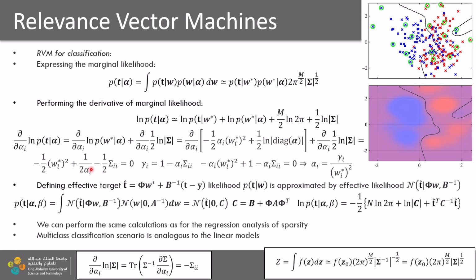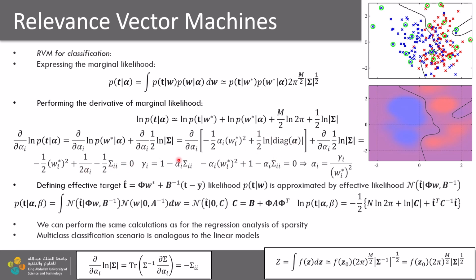So after we perform this complex chain derivative, we will end up with 1 divided by alpha I as a result of this derivative, with the 1/2 in the front.